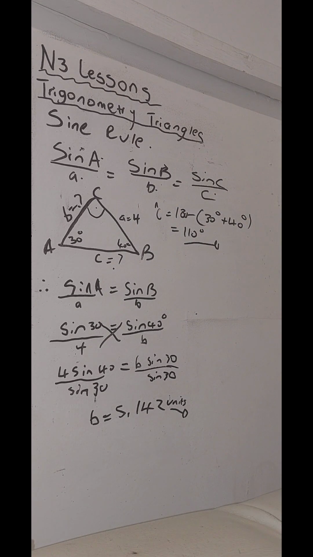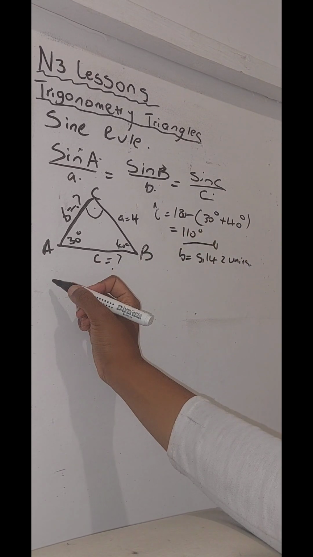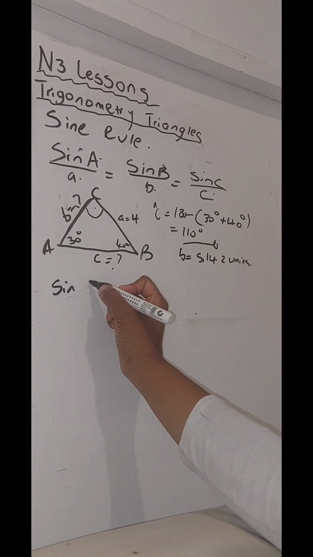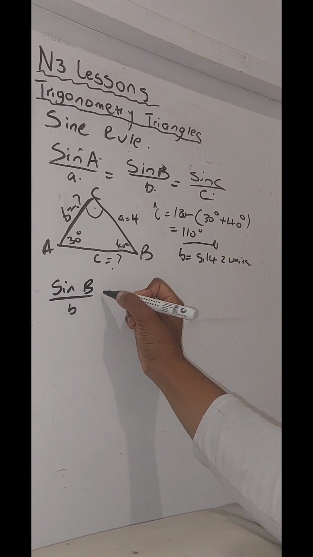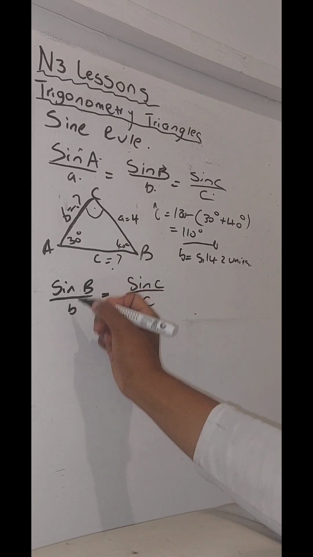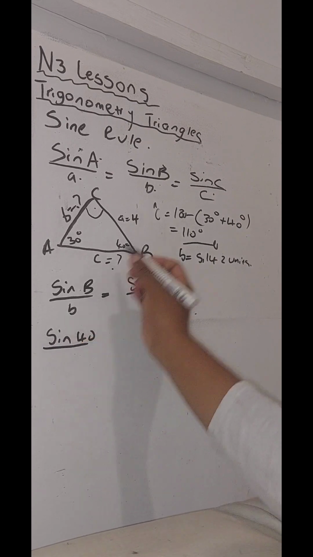Let's solve for C. So solving for C, let's go. We have everything about B, so we're going to use B. Sine B over B is equal to sine C over C. What is sine B? Sine 40 degrees over B. What is B?